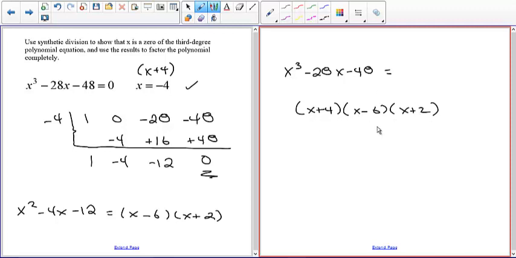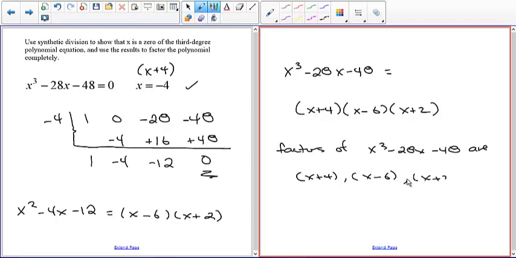And if I were to multiply this out, I'd get back here. So we could say the factors of the polynomial are x plus 4, x minus 6, x plus 2.